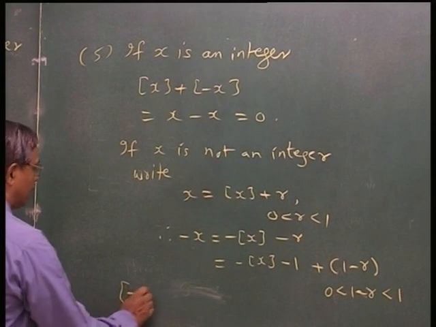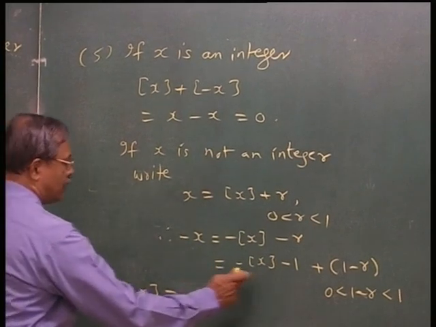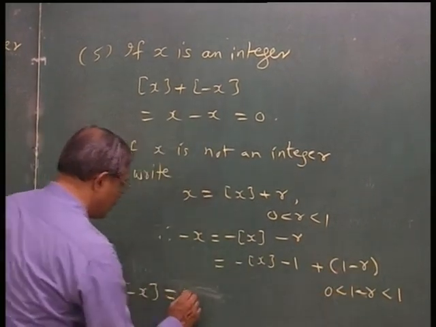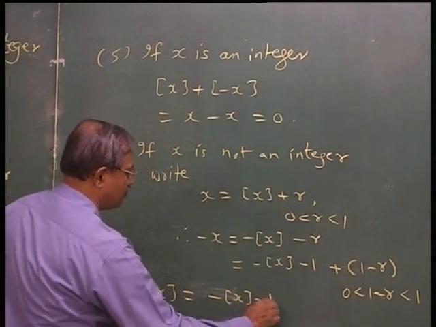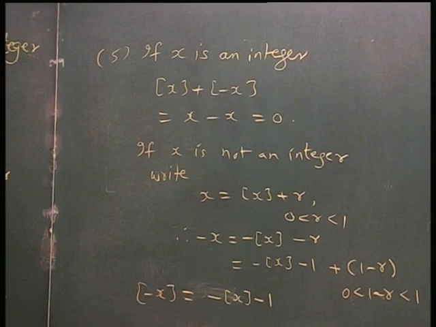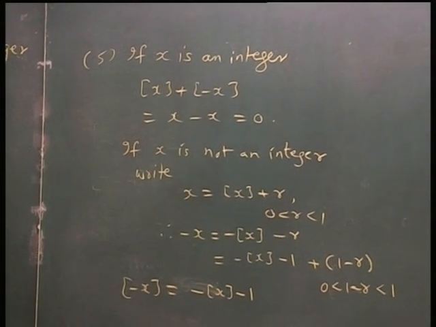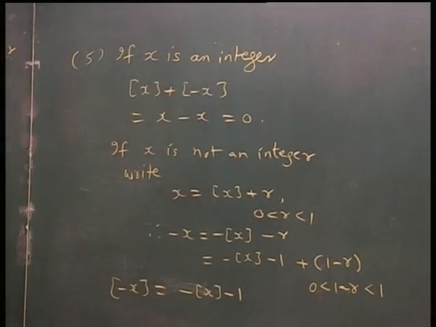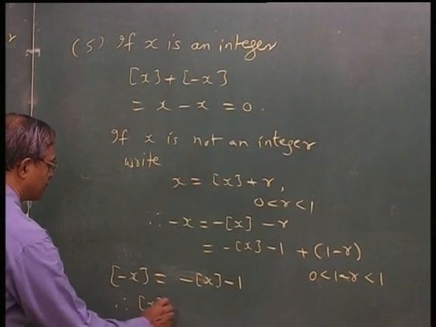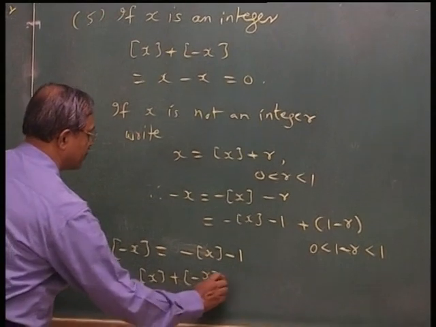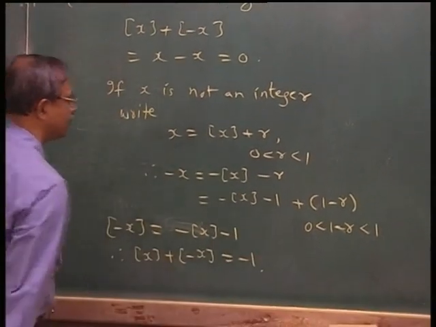What is integral part of minus x? Because this is between 0 and 1, it is minus of this minus 1. So if you take this on this side, integral part of x plus integral part of minus x is equal to minus 1.